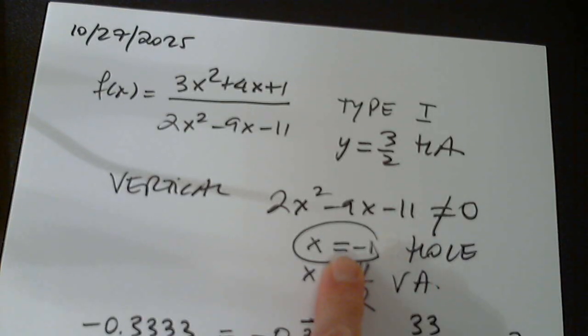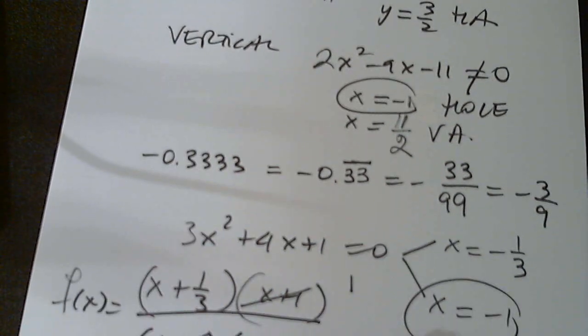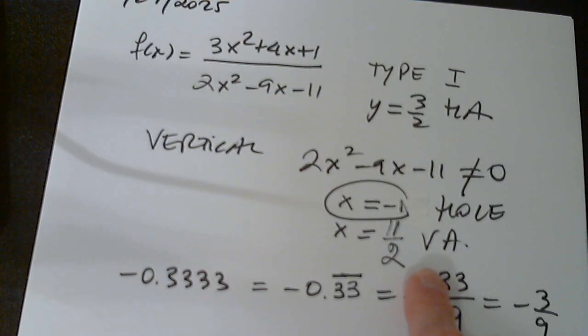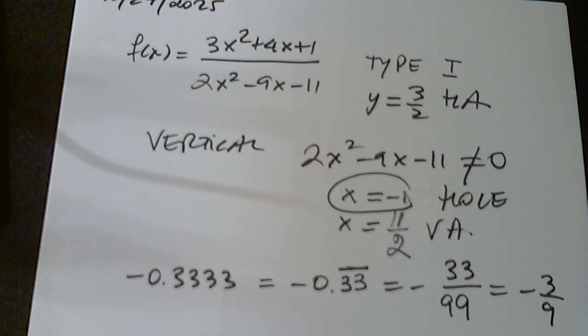This one can be simplified with another factor from the top. So therefore, only 11 halves is the vertical asymptote. The other one is a hole in the graph. Nice problem.